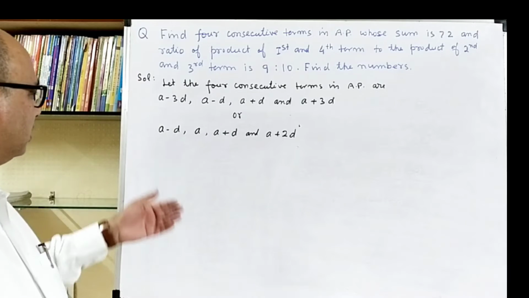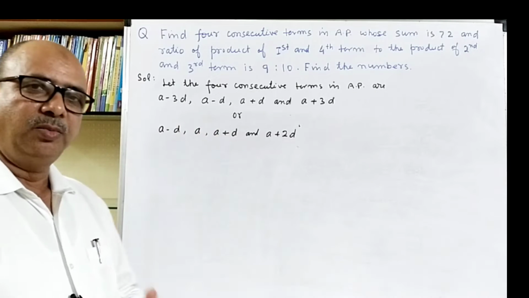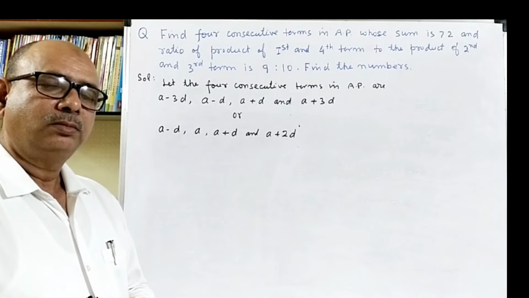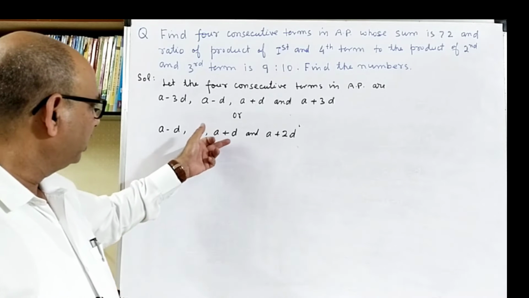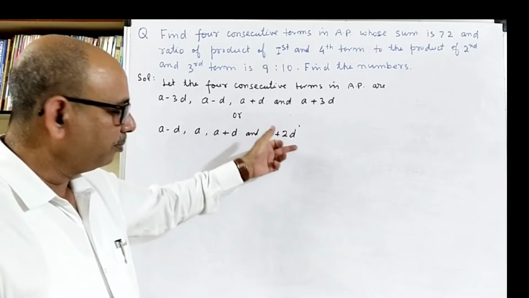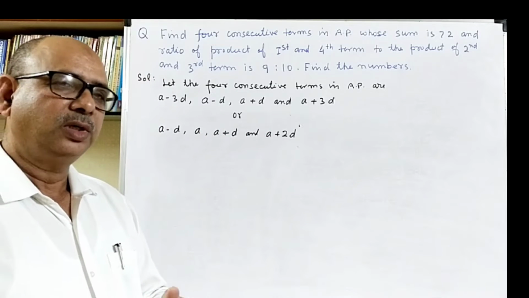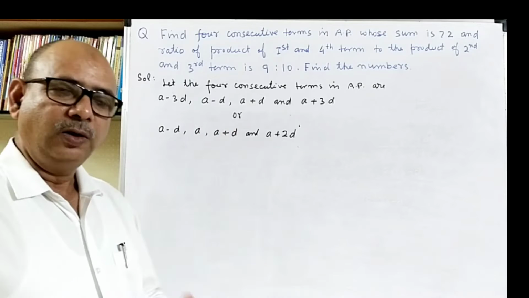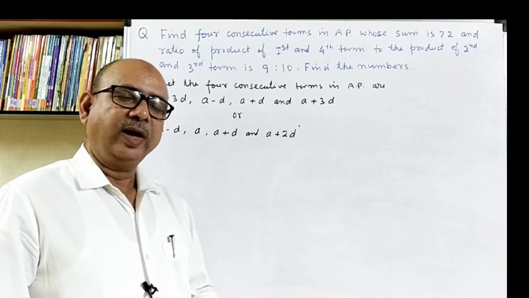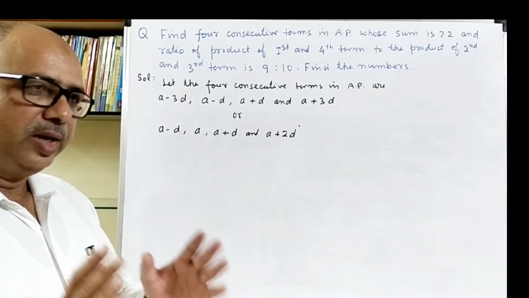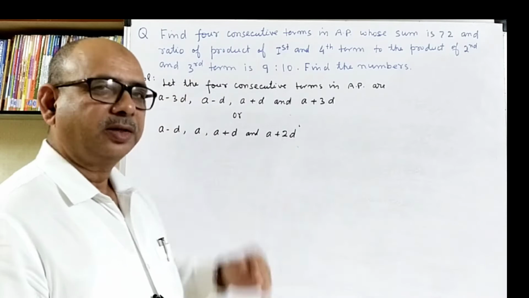In second case, minus d and plus d will be cancelled out on additions, but we will get a term, this plus d and plus 2d will be added. That means we will get an equation in terms of a and d both. We will get another equations in terms of a and d when we will use second conditions.